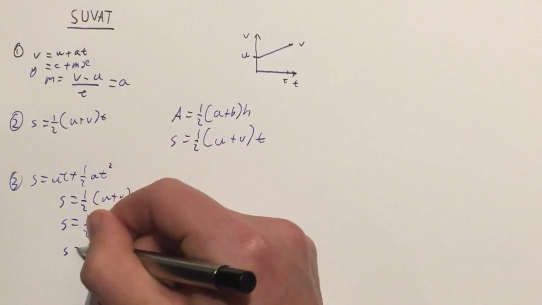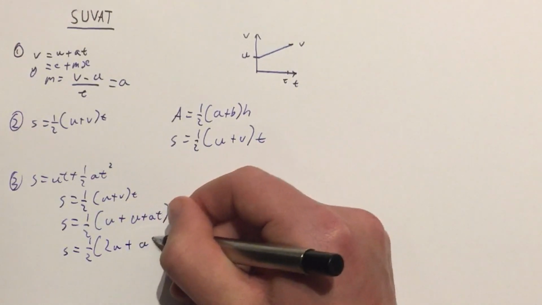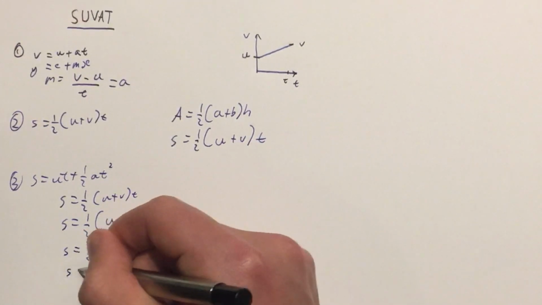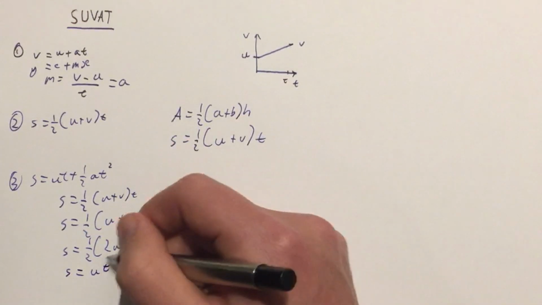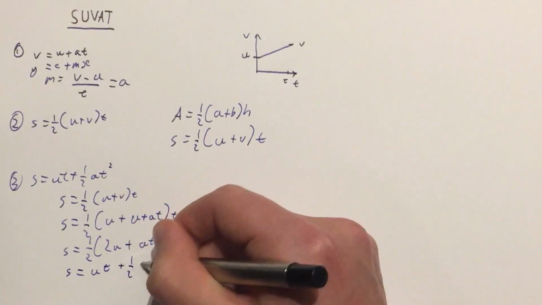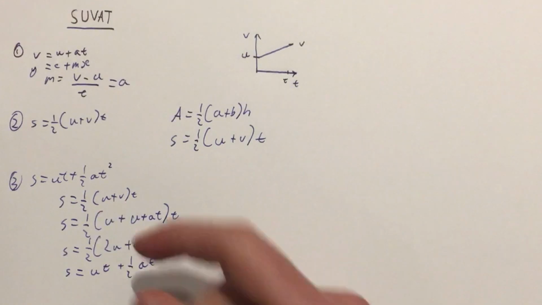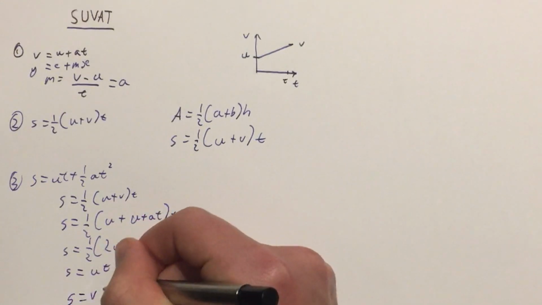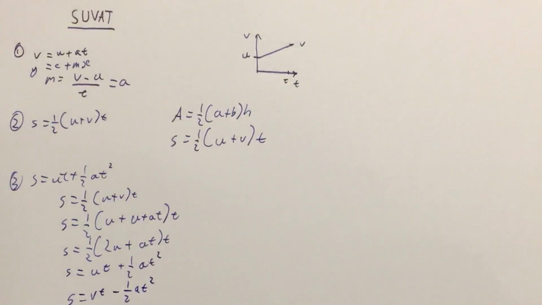If we expand all of this, so 2u plus at times by t, we get s equals u times by t plus a half a t squared. And we can also do the same, but subbing in for u instead, and we'll get s equals vt minus a half a t squared.